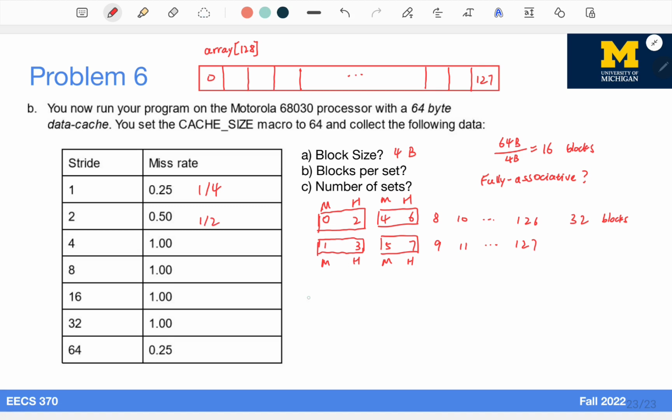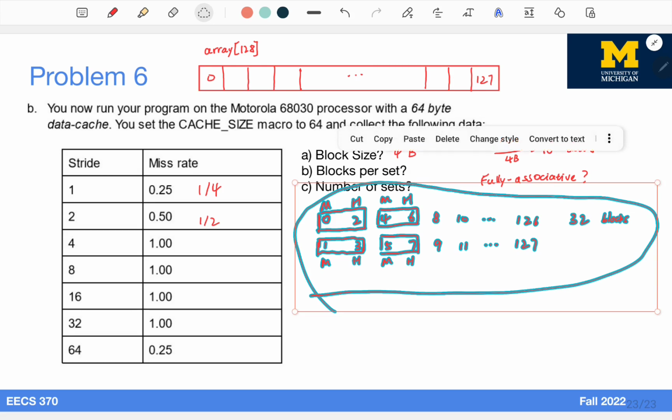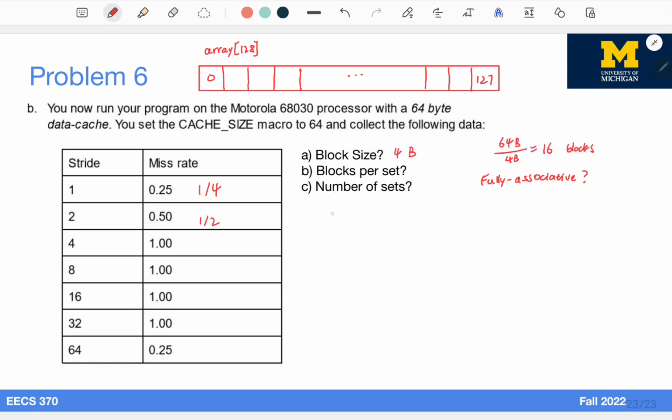Next, let's take a look at stride equals 4. We will have 4 inner loops. In the first inner loop, we will start at 0, and then 4, 8, 12, and so on, until 124. And then in the second inner loop, we will start at 1, and then 5, 9, 13, until 125.